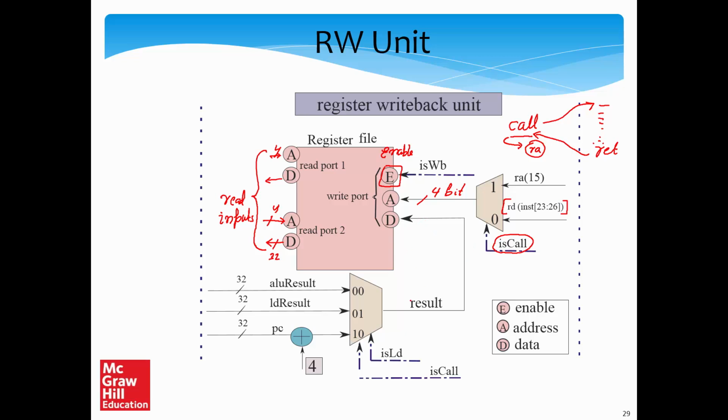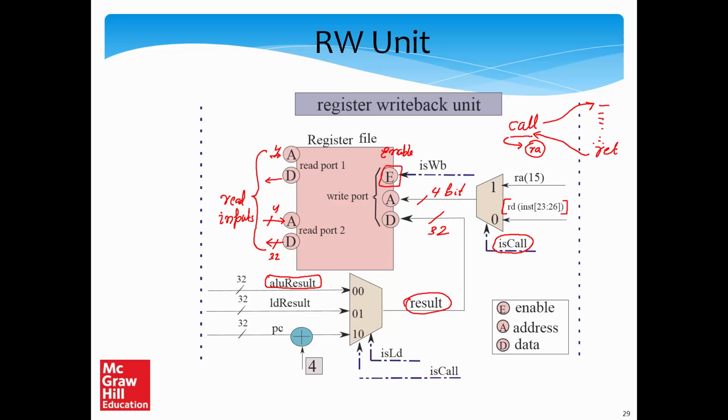Next, since we are writing, we need to write the result. What is the result that we want to write? We need to write 32 bits. This is slightly complicated, not all that hard. So let's see. We need a multiplexer, but what are we choosing from? We are choosing first between the ALU result, which is the result that the ALU is producing, and this will be the case for add, subtract, multiply, divide, all arithmetic and logical instructions.